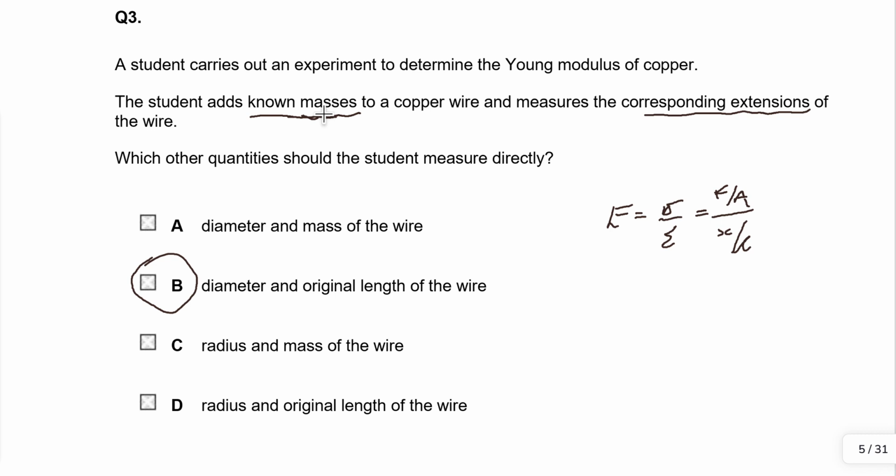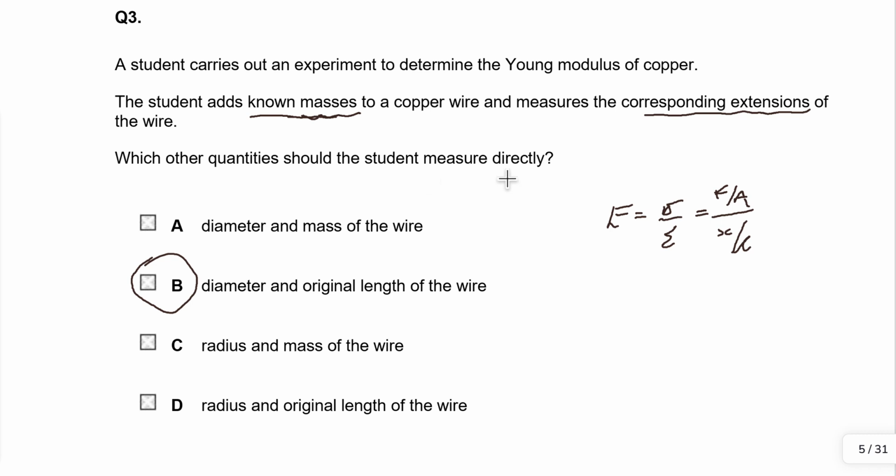Whenever we have known masses with values written on them, often we don't go to a mass balance to confirm that mass. We just take it as it is, and the other measurement that they've taken is extension. Now, which other quantity should the student measure directly?